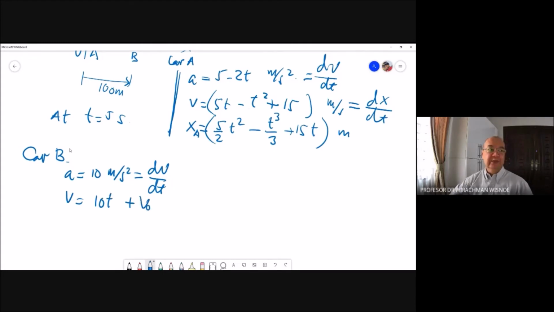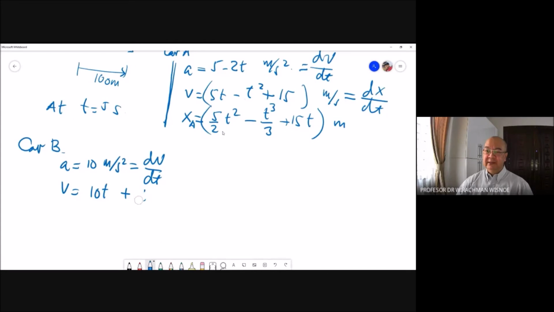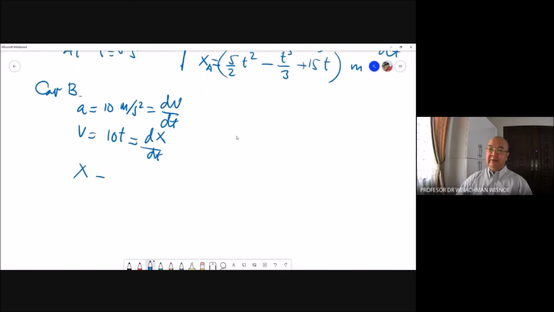However, v naught, according to the problem, is 0. V naught is cancelled. And then this v is equal to dx over dt. So you have x equals 10 over 2 t squared plus x naught.